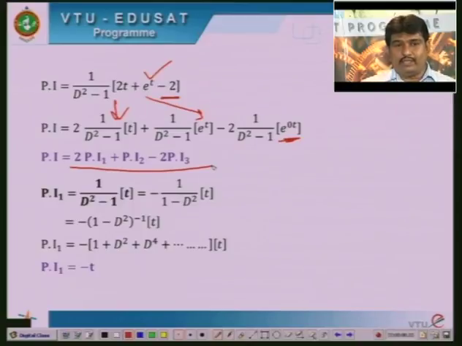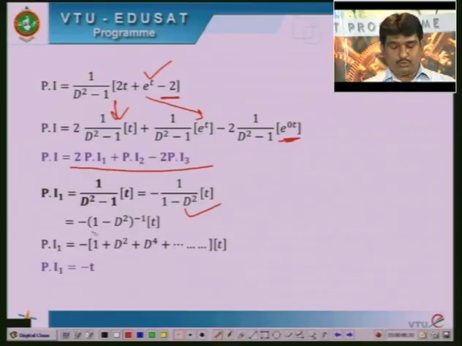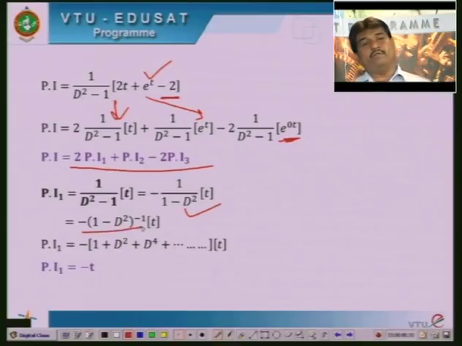PI1 is 1 by D square minus 1 operated on t. There are only two terms, so binomial expansion is easy in this case. You can write D square minus 1 as minus of 1 minus D square operated on t. Take this to the numerator, we get 1 minus D square whole to the power of minus 1.